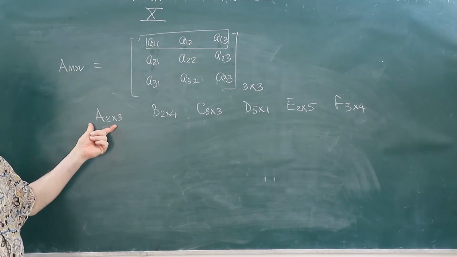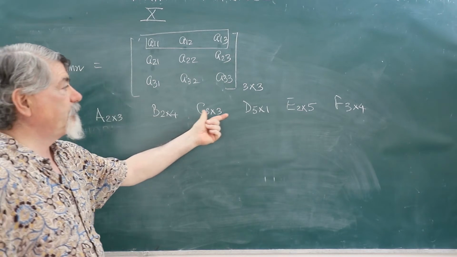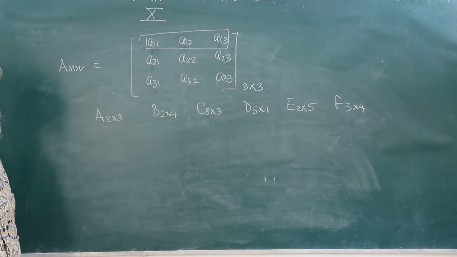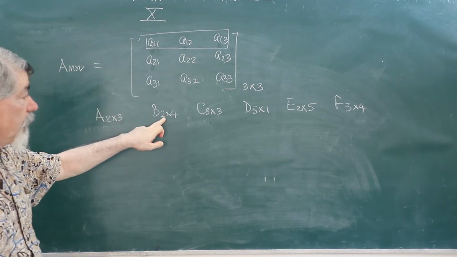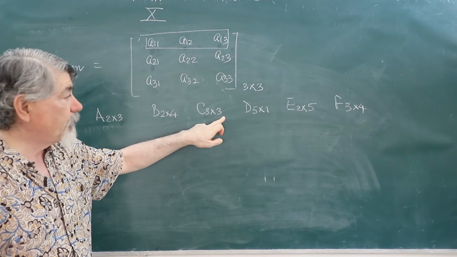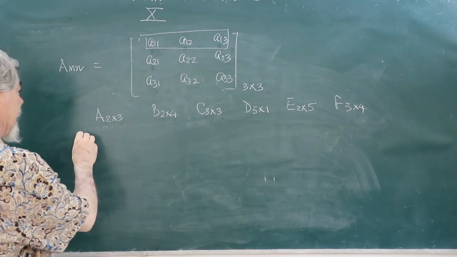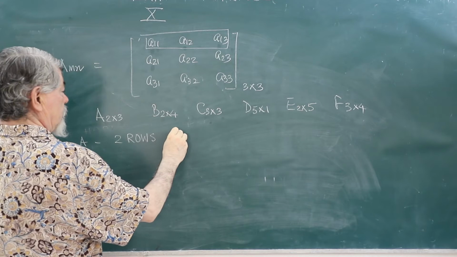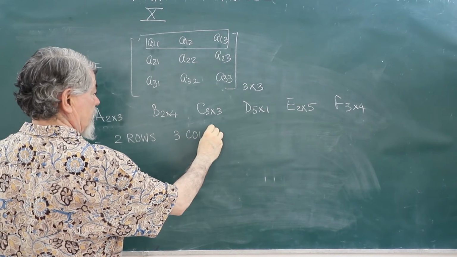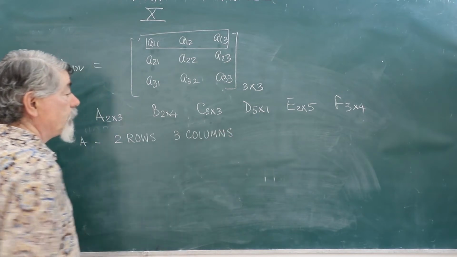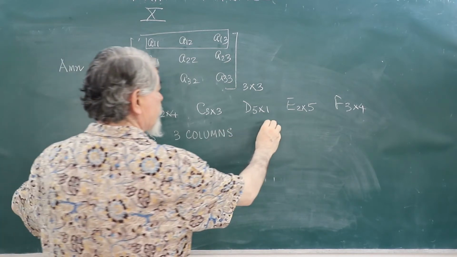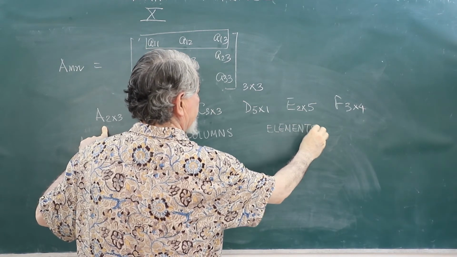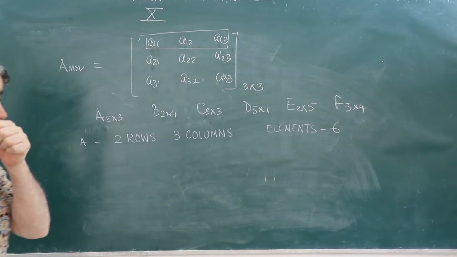Each of these represents a matrix, where the first number is the number of rows and the second the number of columns. Like A has 2 rows and 3 columns. So how many elements will it have? There will be 6 elements in the matrix.